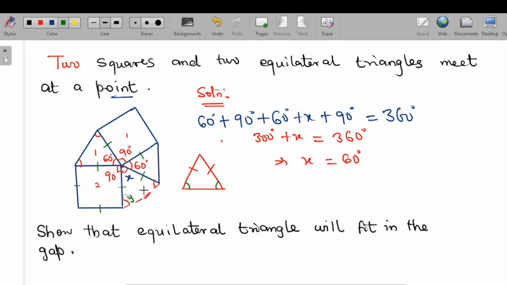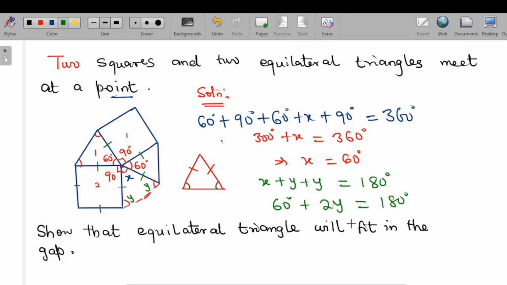Let us call them y. If you add x plus the two y's, you are going to get the total sum of the angles of a triangle, which is 180 degrees. My x is 60 degrees, so y plus y will give us 2y, and that is equal to 180 degrees.